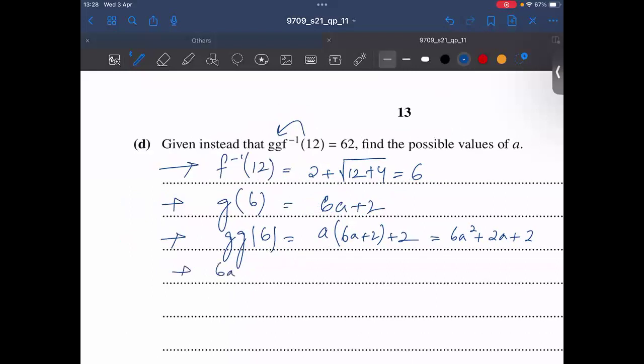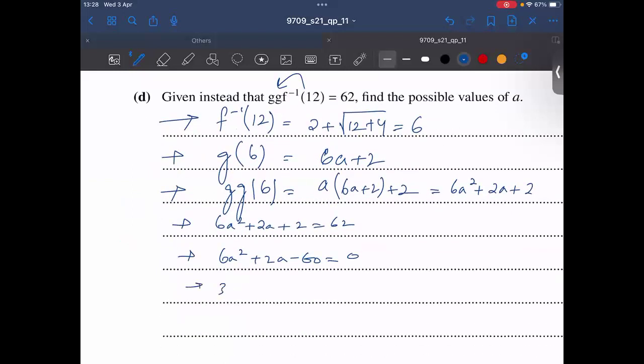Now you're going to keep that equal to 62. You're going to get 6a square plus 2a minus 60 equal to 0. So you're going to get 3a square plus a minus 30 equals 0.